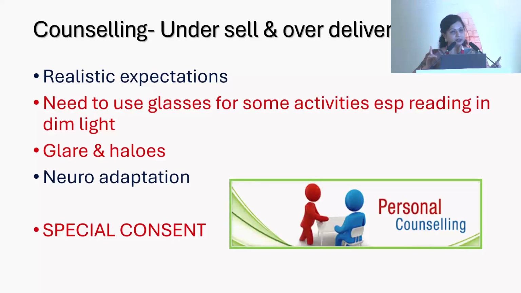Whenever you are doing counseling for these patients, you need to pick patients with realistic expectations and explain to them about the possibility of glare and halos, but also remember that neuroadaptation can really help us to overcome this challenge. Also, we take a special consent for these patients and tell them that they might need to use glasses for some activities, especially reading in dim light, so that post-operatively the patient doesn't get perturbed about it.